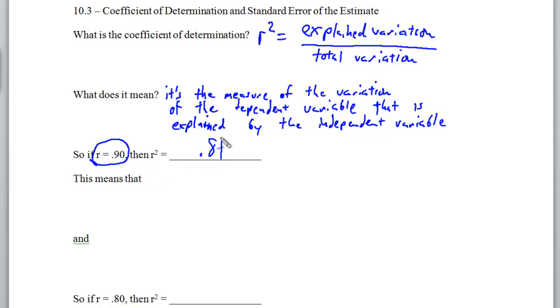This number is a percentage, and it says 81% of the measure of the variation of the dependent variable can be explained by the independent variable. Now, that doesn't make any sense, but let me kind of give you a little translation here. 81% can be explained by the independent variable.